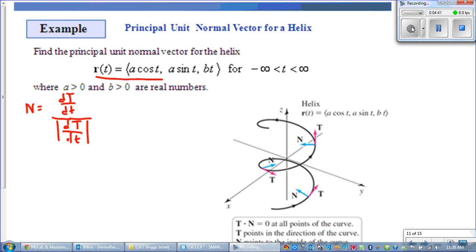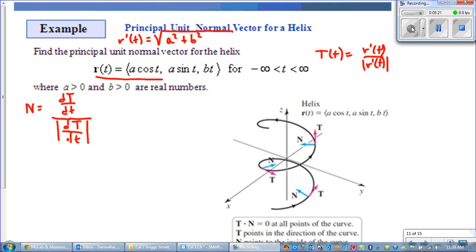So let's find dT/dt, which will be the derivative of the tangent vector with respect to time. First let's find the tangent vector, which is simply r prime of t over its magnitude. It's the unit vector of the velocity. First we need to find r prime of t. The magnitude will be the square root of a squared plus b squared. Just go through your formula for finding the magnitude of that vector.